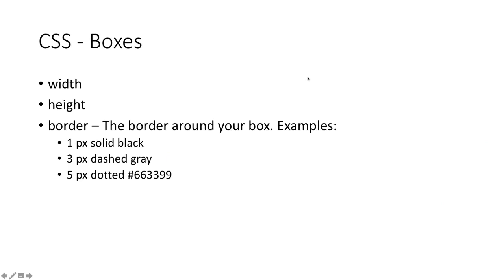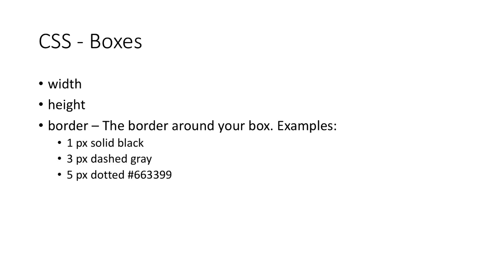But anyway, back to what we're talking about. So yeah, you can define the element width, the height, the border. So you can give a border around your HTML element. You do like solid black border, dashed borders. You can set the color of the borders. You can set the thickness. So the first value there is the thickness in pixels.